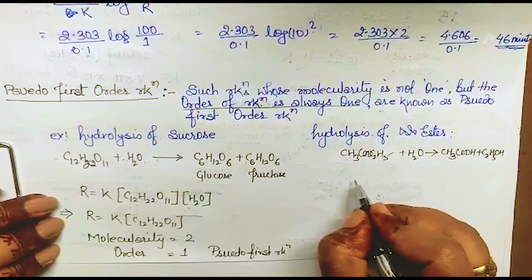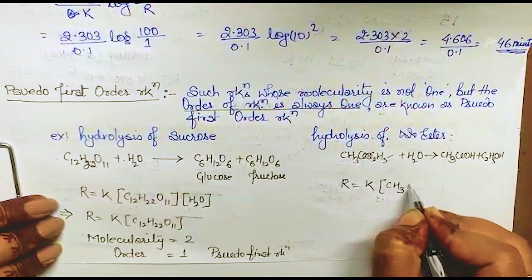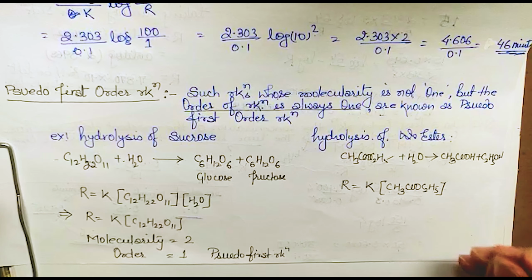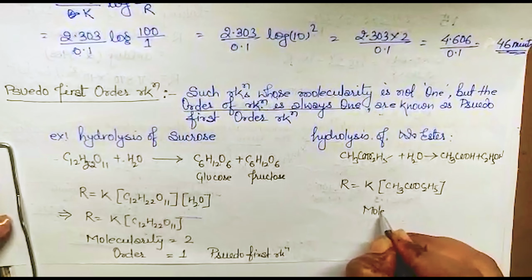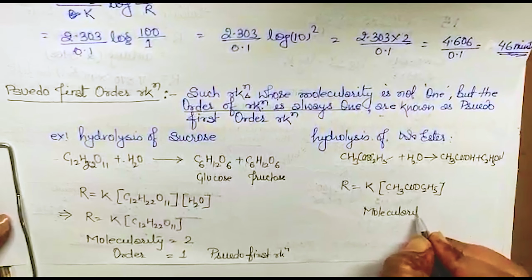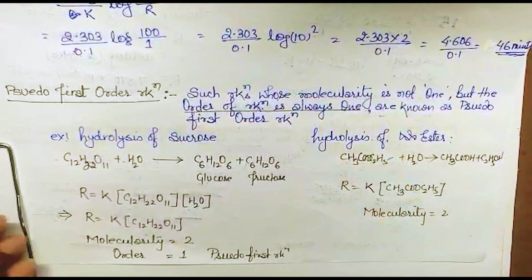So again you will write R is equal to K, and this is the concentration of CH3COOC2H5. We will not write water. Why? Because the concentration of water is constant. So here also you can see that the molecularity is 2, 1 and 1, 2, but the order of the reaction is 1 only.